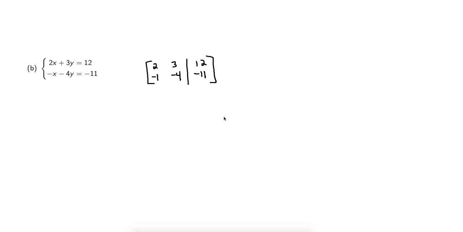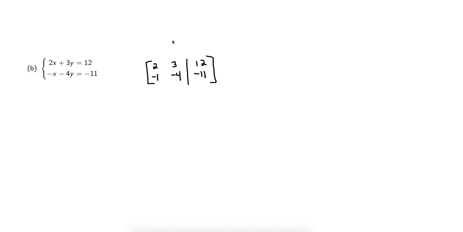Again, we're going to start by getting this first value in the upper left, first row, first column equal to 1. Now it is a 2, and we could divide everything in row 1 by 2 or multiply everything in row 1 by a half. However, notice we have a negative 1 down here, so we can also switch these first 2 rows, and that'll at least hold off on getting any fractions involved.